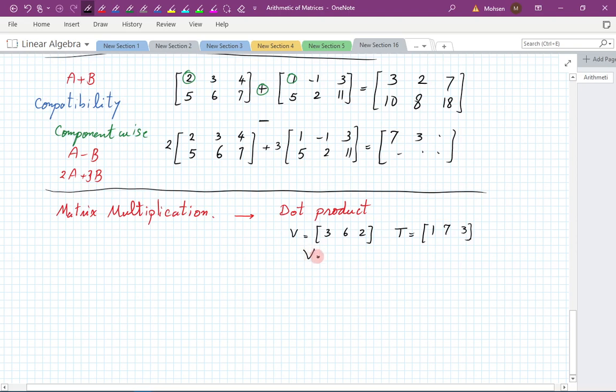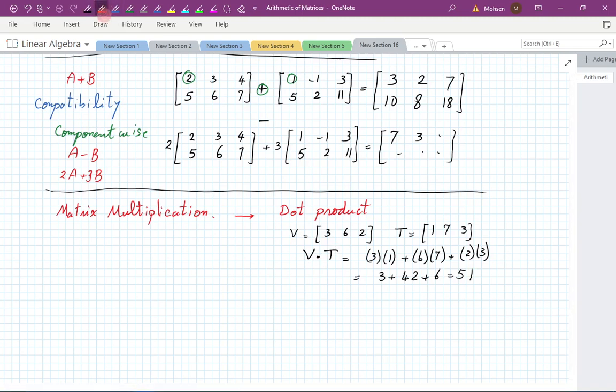Then we had v dot t: first entry times the first entry, second entry times the second entry, third entry times the third entry, and then you do these multiplications and add them up, and you call it your dot product. Sometimes you have another name for it called inner product, and perhaps even some other names.